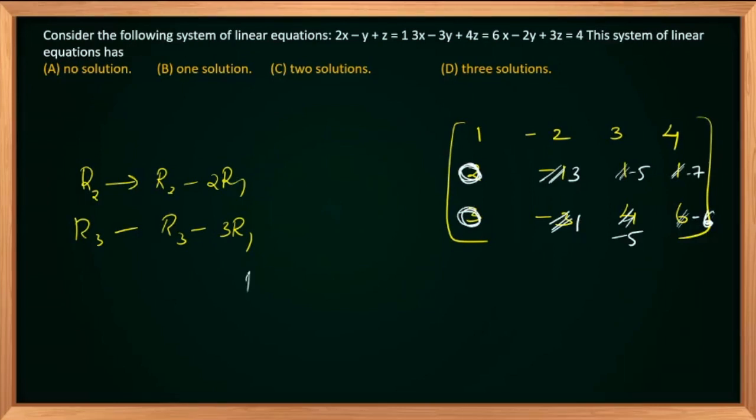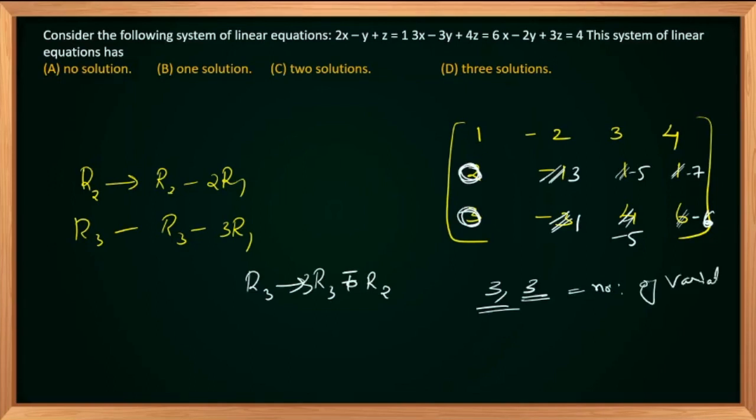Now R3 changes to 3 times R3 minus R2, that is enough, right? So that will be unique, correct? Unique solution, because coefficient matrix rank will be 3, augmented matrix rank will be 3, and that is equal to the number of variables.